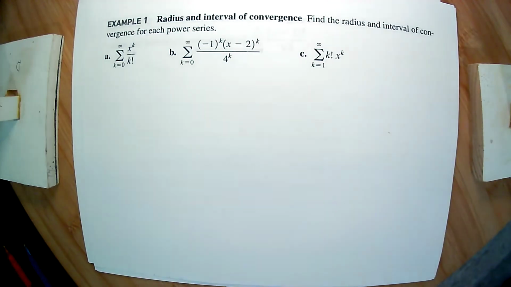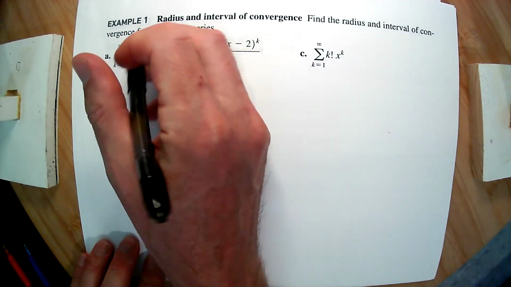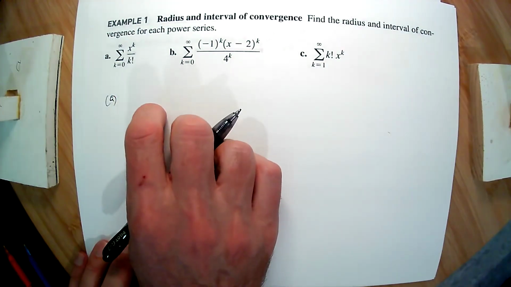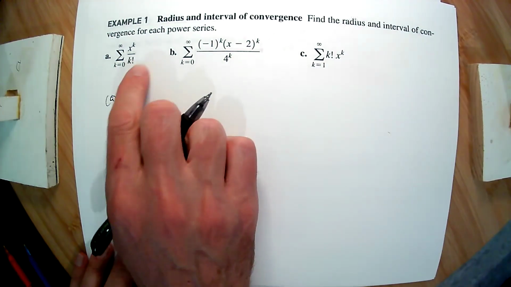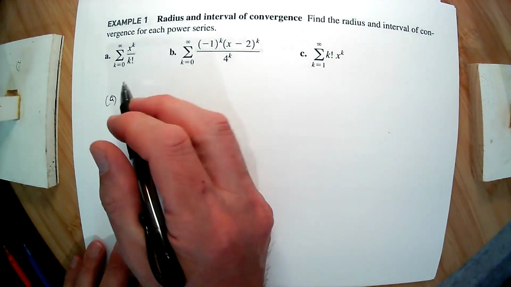We've got three examples here, and they're going to follow all three different cases. The first one I actually recognize because it's a simple power series function. It's going to end up being the function e to the x, and we'll see why in the next section, I think. But how do I deal with something like this?